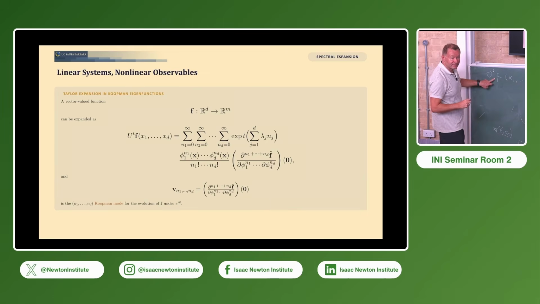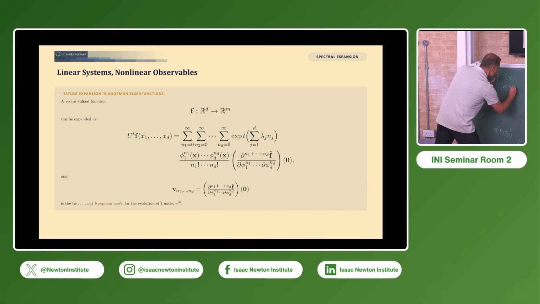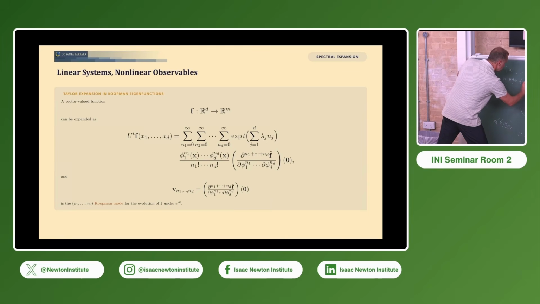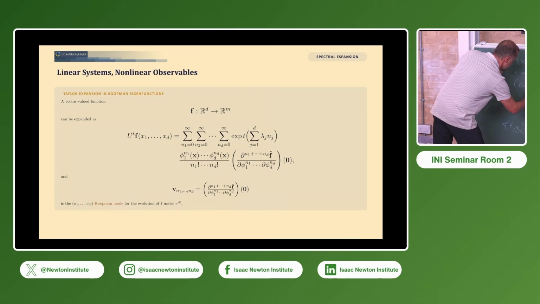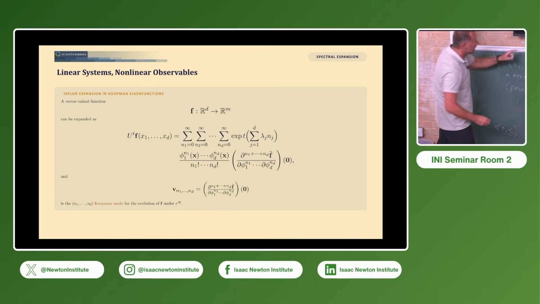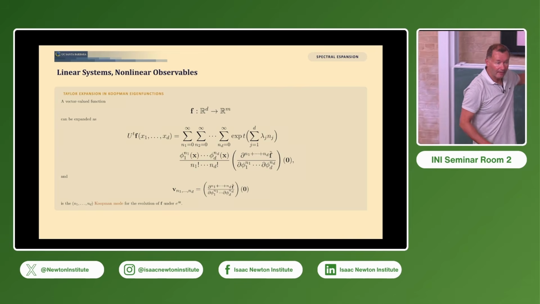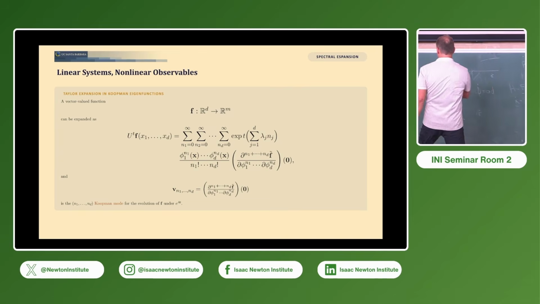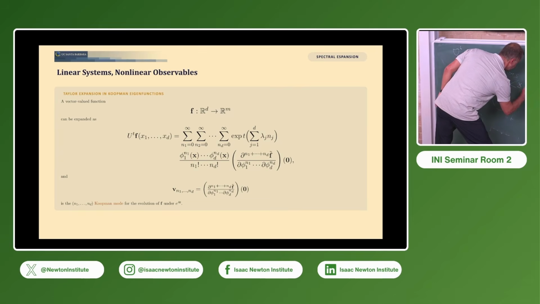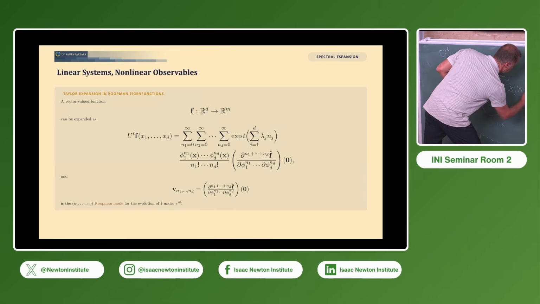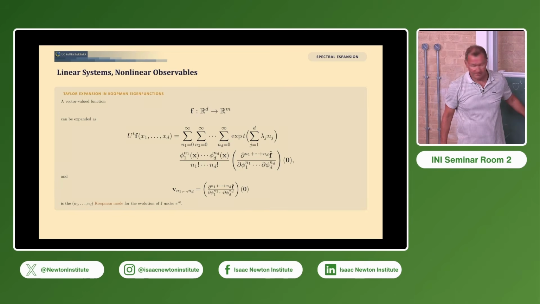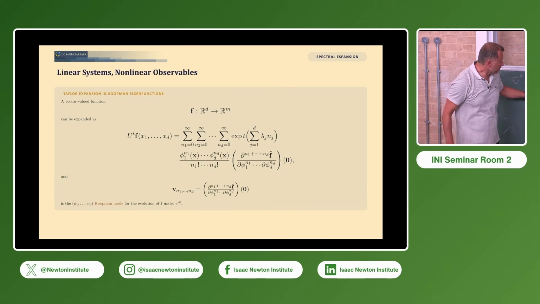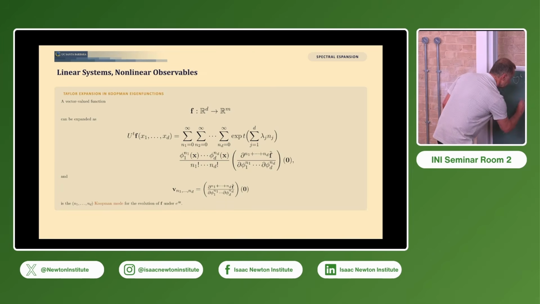But what's convenient is if you have n eigenfunctions, the principal ones, which in the linear systems case are just inner products of x with w j. That's what we're going to call the principal eigenfunctions. In this case, you can replace your original coordinates with the eigenfunction coordinates, phi j.